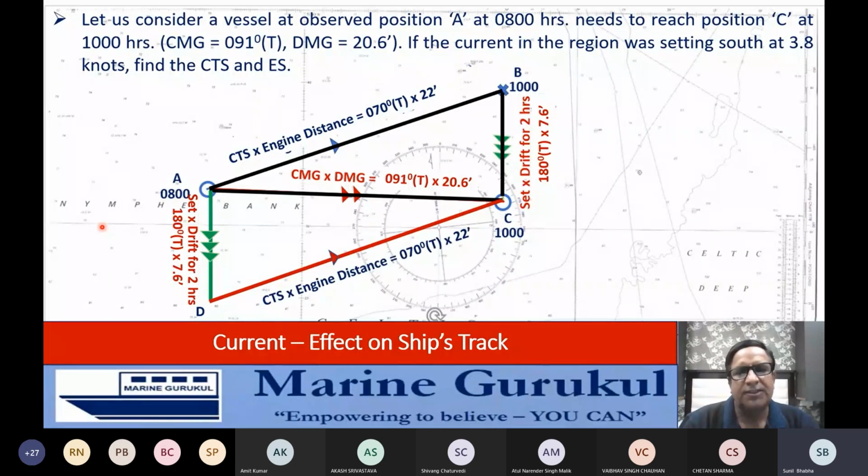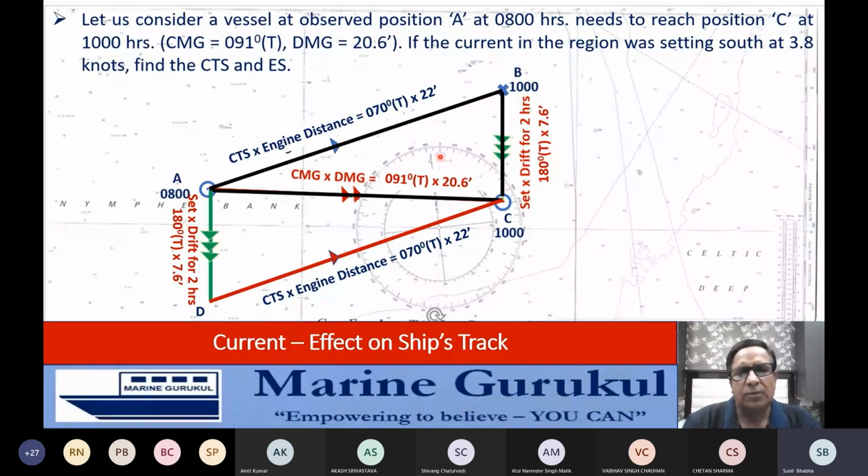So the CTS is 070 degrees true, and the engine distance is 22 miles in 2 hours, giving us an engine speed of 11 knots. So in chart work, if we have the CMG and we have to get the CTS, we would draw the current at the starting point of the CMG line and draw the triangle as the lower part of the parallelogram represents.